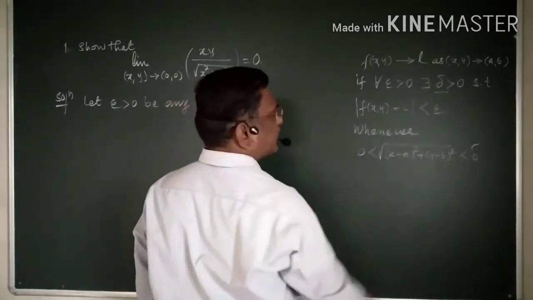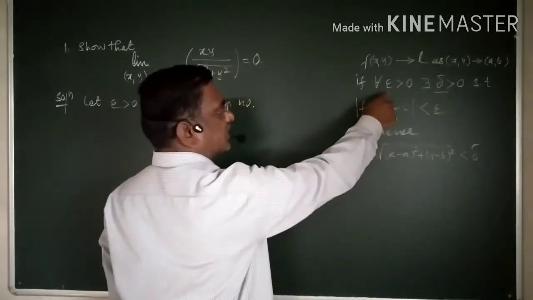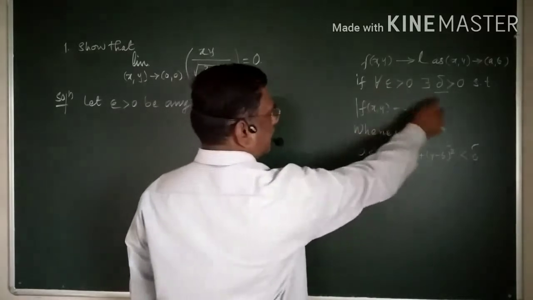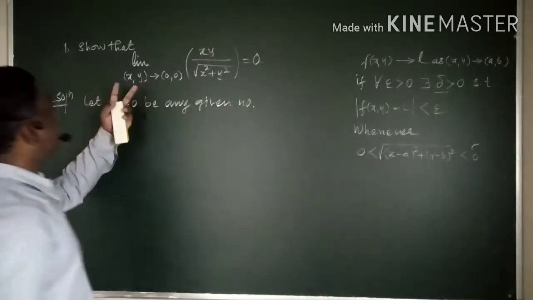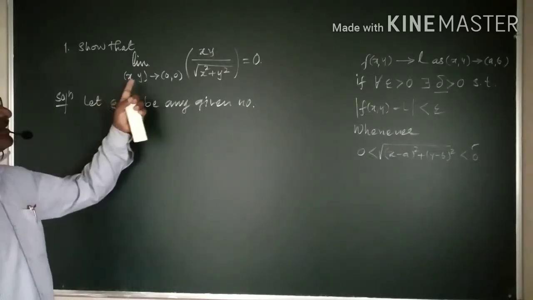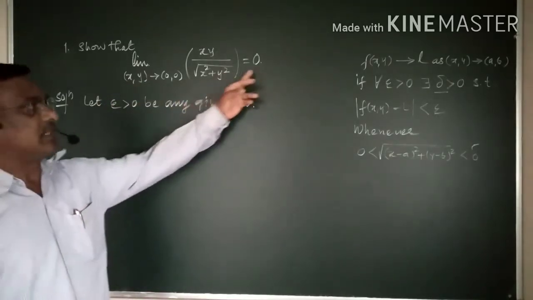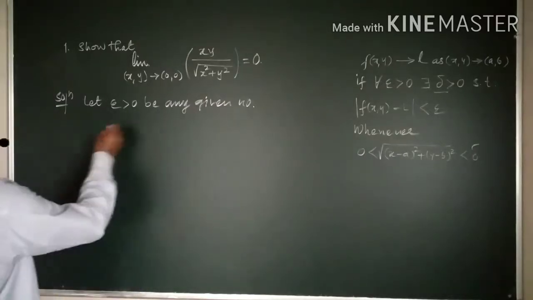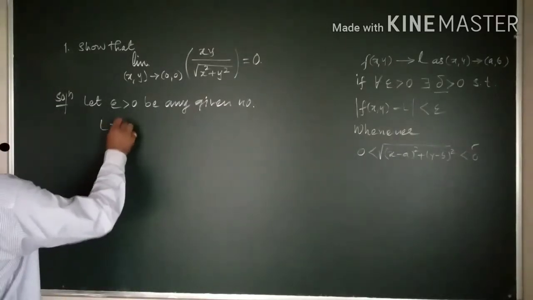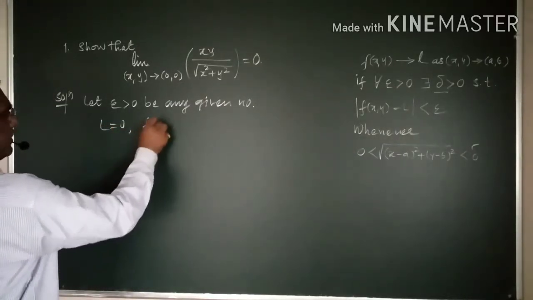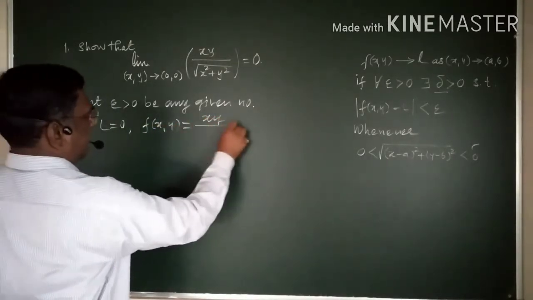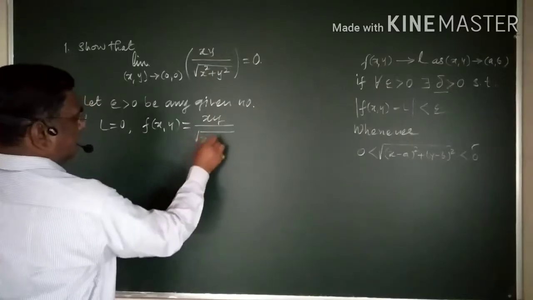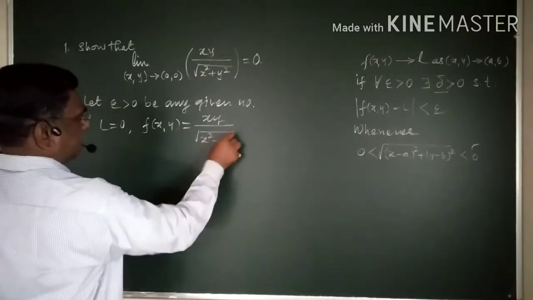If we consider epsilon to be positive, then delta will satisfy this condition. Here in the example, the limit as xy tends to 0, 0 of this function is 0, and therefore L is 0, and f of xy is xy over root x square plus y square.